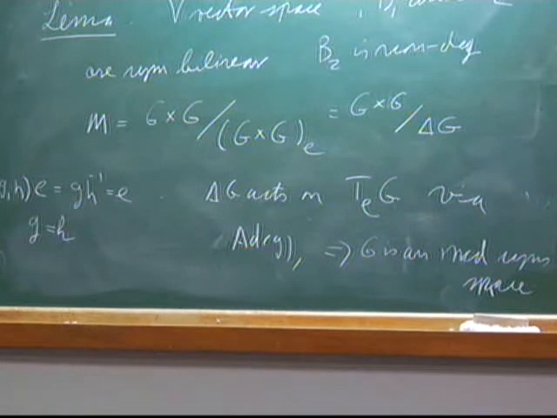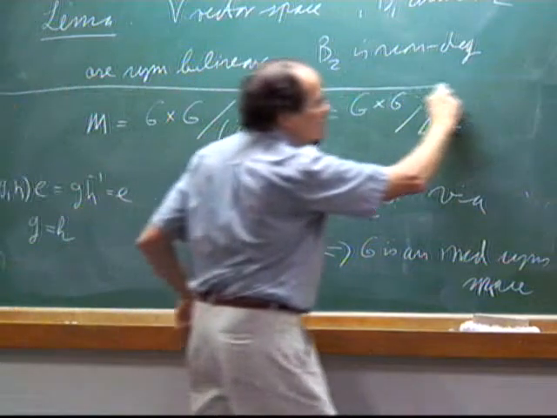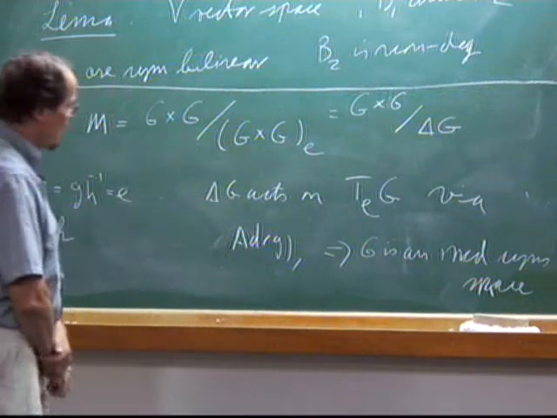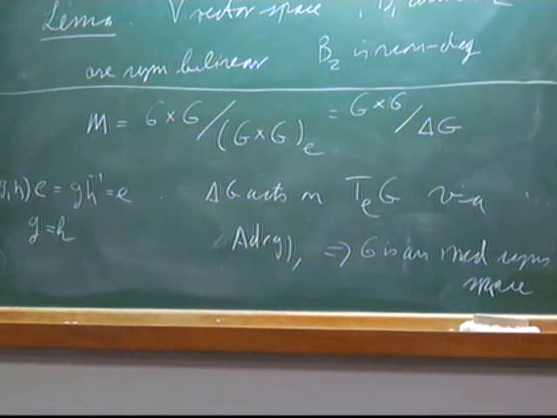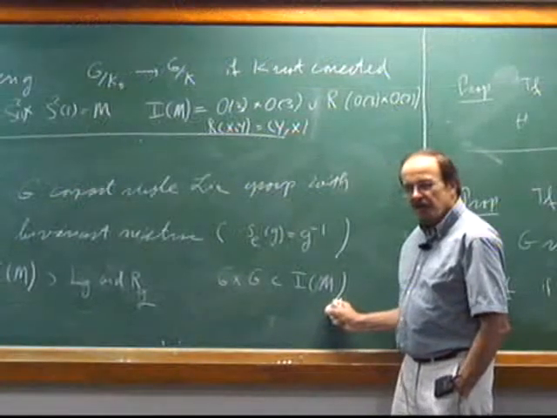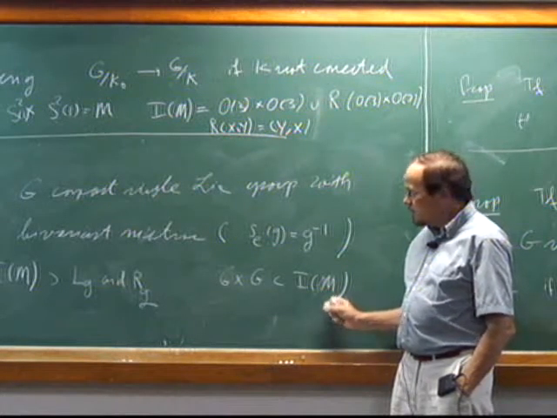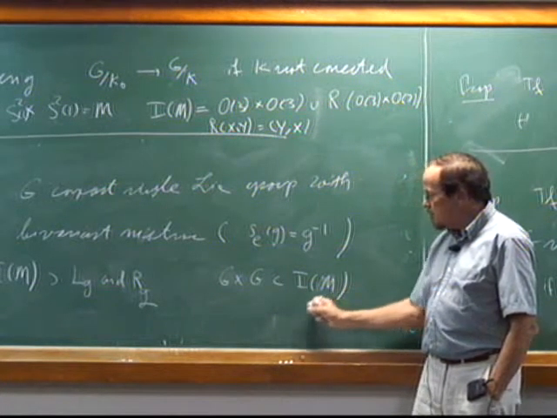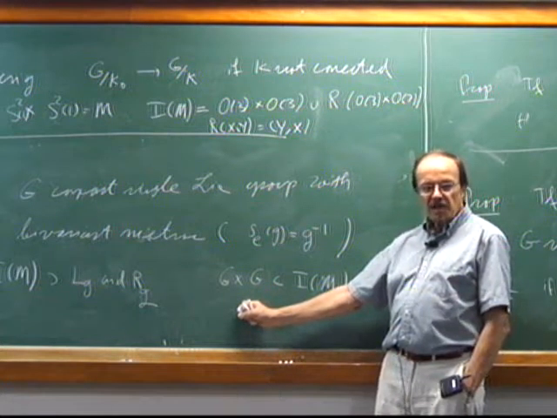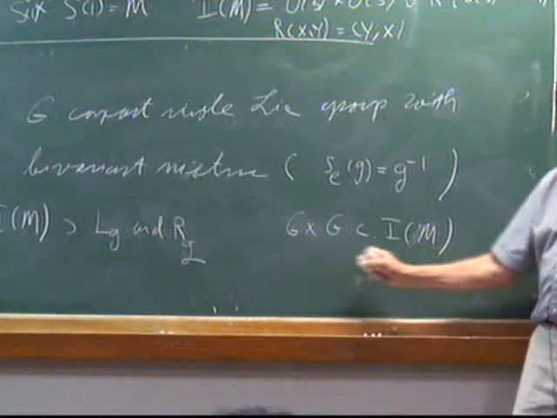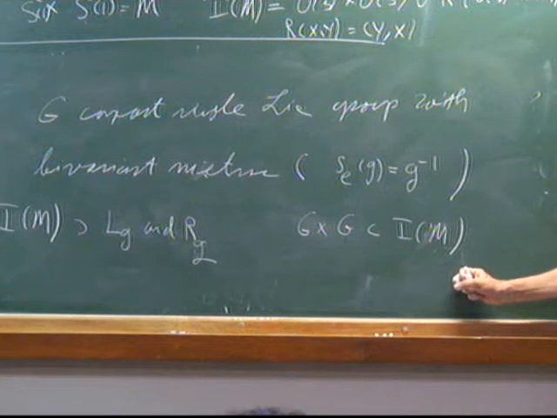Because that representation acts irreducibly on the Lie algebra by definition of a simple Lie group. Well, maybe a word of caution. I don't quite know that this is the full isotropy group, but I claim I don't care, because certainly the diagonal G lies in there. Only diagonally G acts irreducibly, so the full one certainly would have to act irreducibly also.